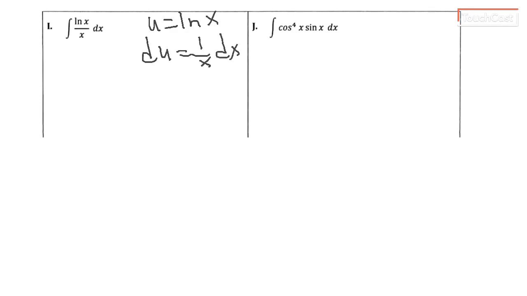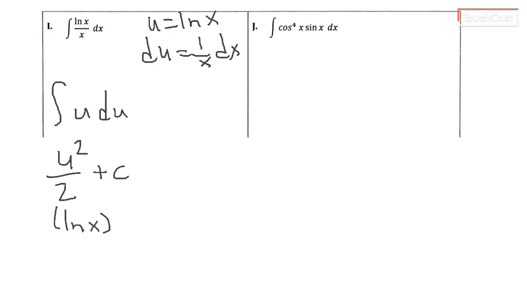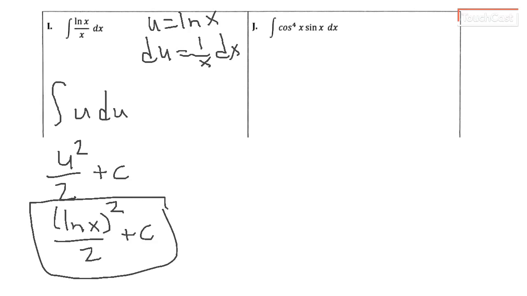So we can rewrite this now as the integral of u with respect to u. Now we'll just increase the power of u by 1, make it u squared over 2 plus c. So we're going to have the natural log of x squared over 2 plus c for that integral. And we're done.